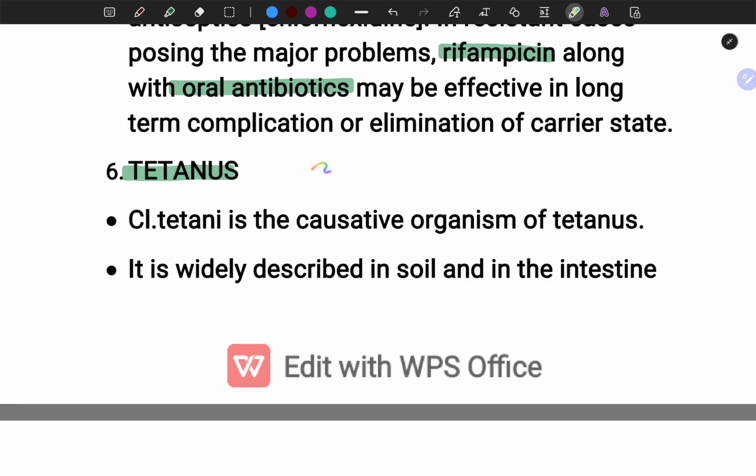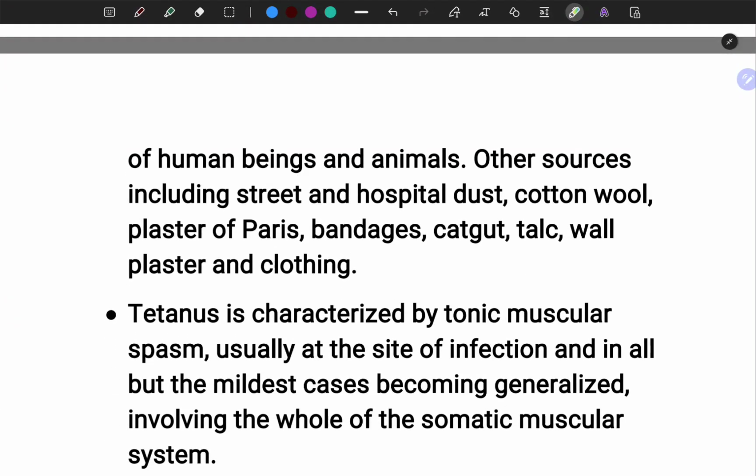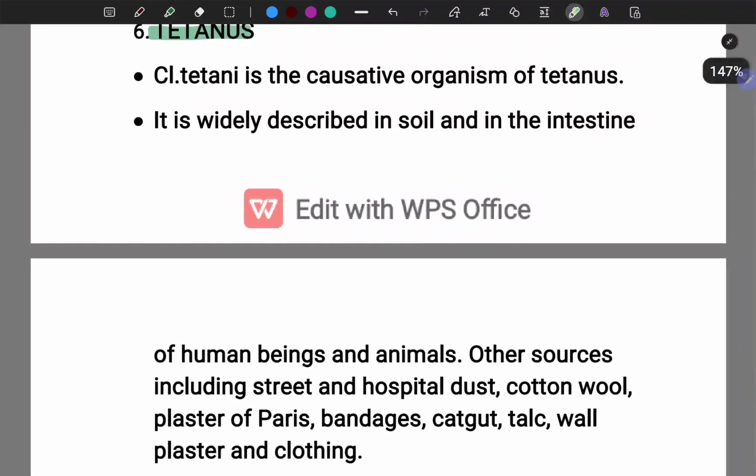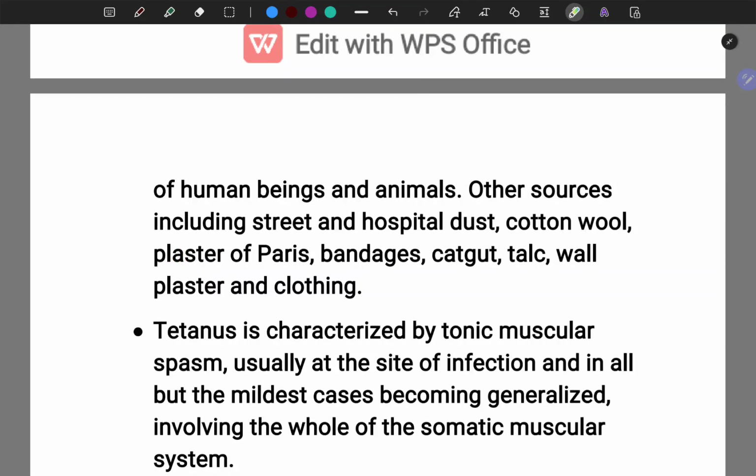So, we know that the TT vaccine should be given. How and how periodically it is given will be discussed at the end of this question. So, the first point is, Clostridium tetani spores are predominantly present in the soil. It is present in cotton, wool, street dust, everywhere.